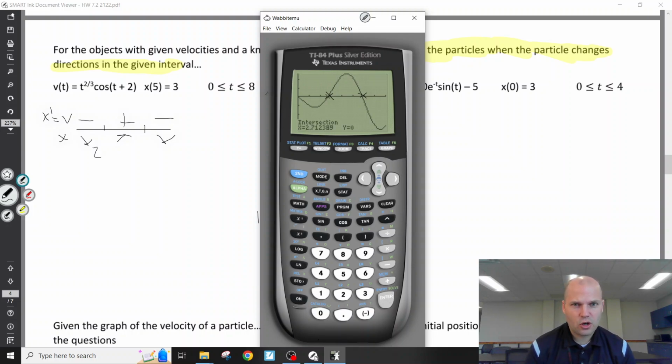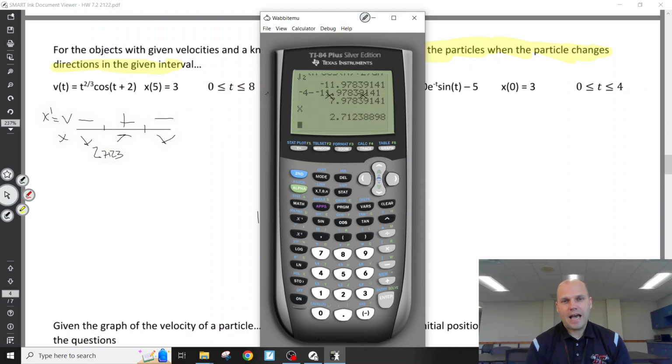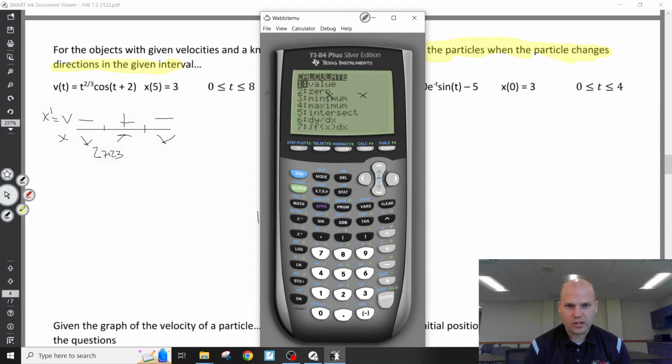That number is so big and so complicated that I need to save it because I bet I'm using it in the future. I'm going to store it as a. Rewind and fast forward if you don't know how I just did that. I am going to find this other intersection. Second calc intersect, or this other zero. Pop over here.